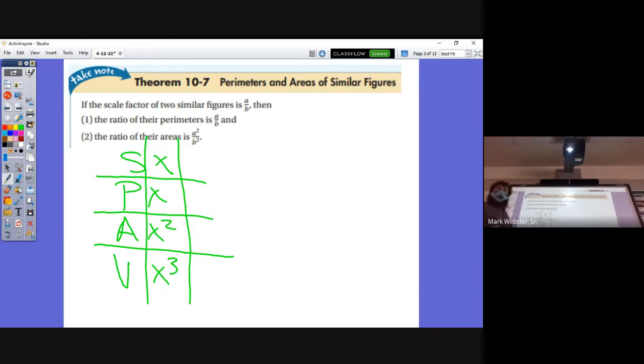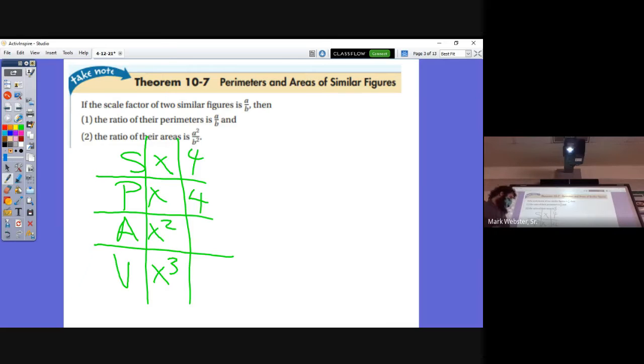So let's say my scaling factor was, I don't know, 4. I had figured out my scaling factor. Well, now I know exactly what everything else is already, right? The scaling factor is 4. The perimeter is 4, because they're just the same, right?